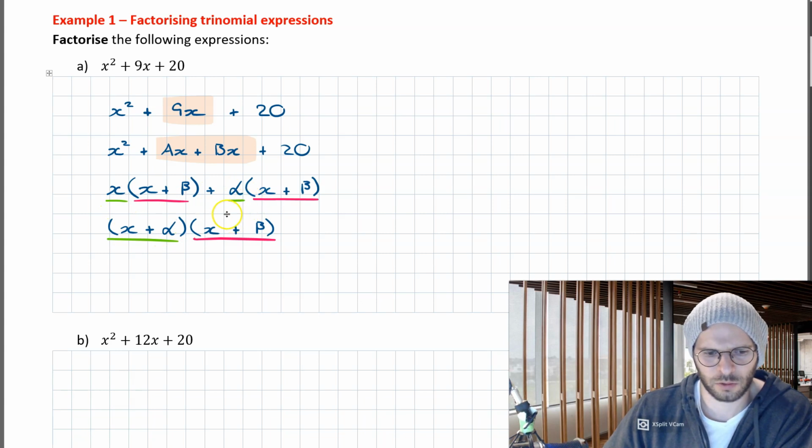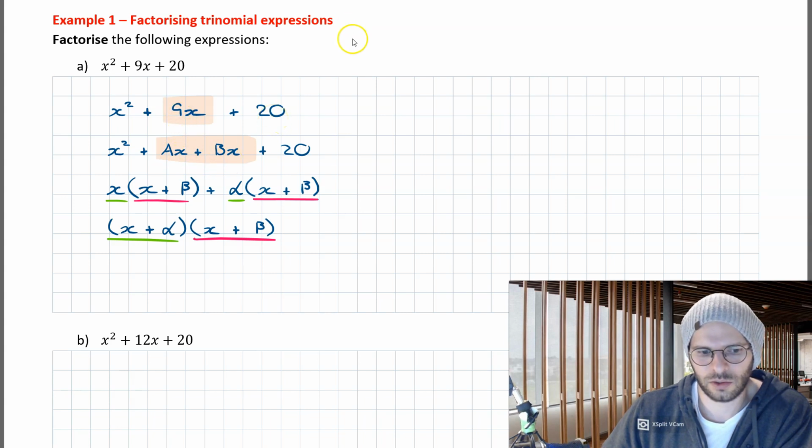So it's a bit of a long process. Now, the way in which we determine the numbers for A, B, alpha, and beta is using the sum and product method, where you might be able to tell already that A and B sum together to give 9, but they also multiply together to give 20. The real challenge here is figuring out the numbers for big A and big B.